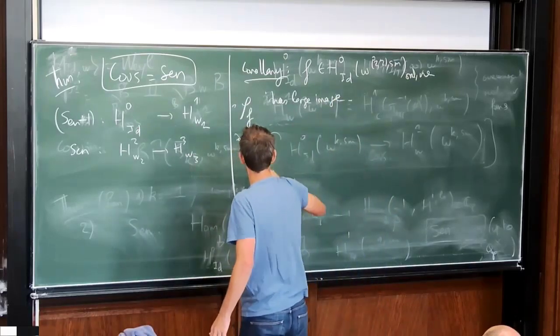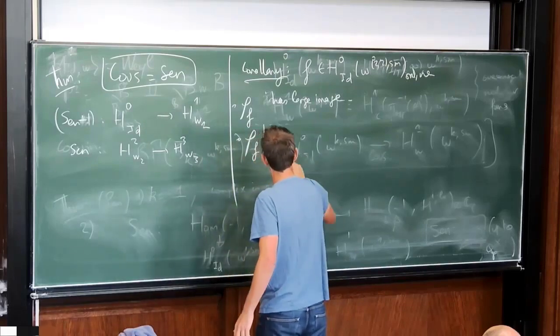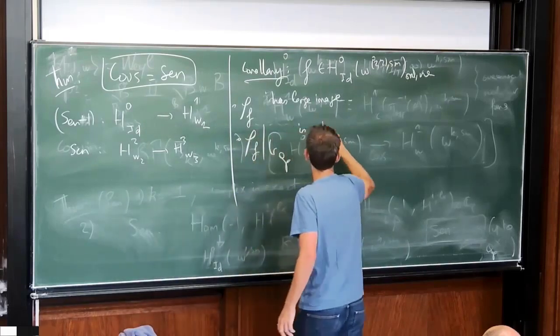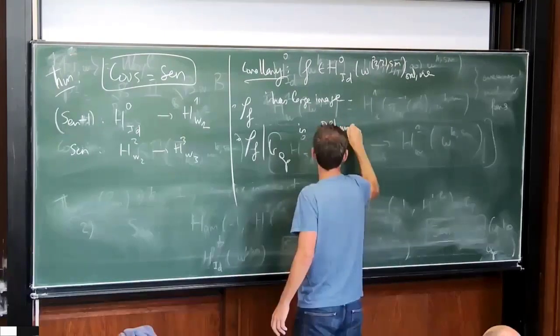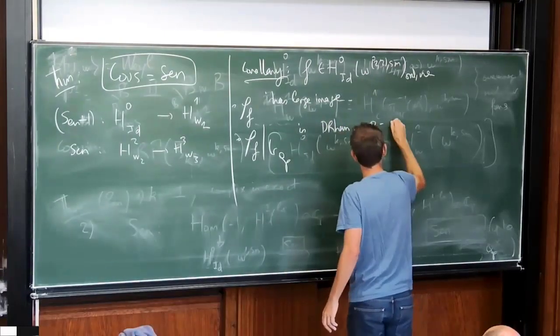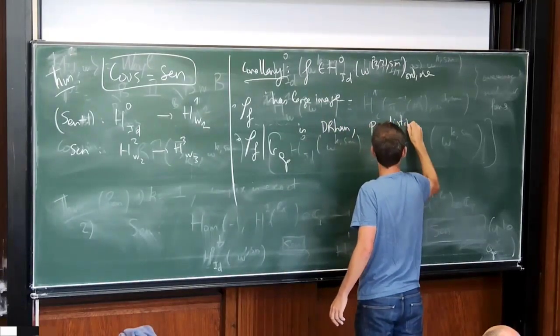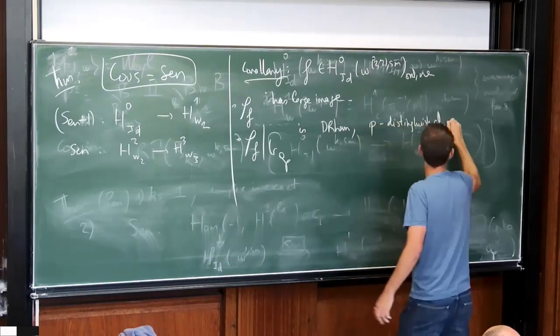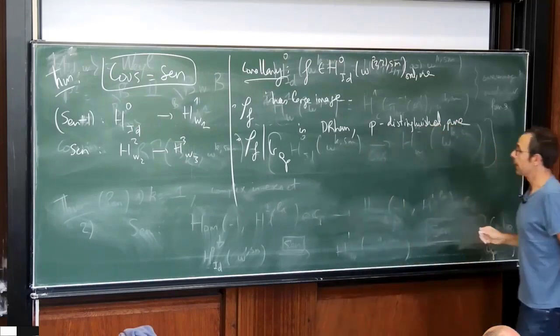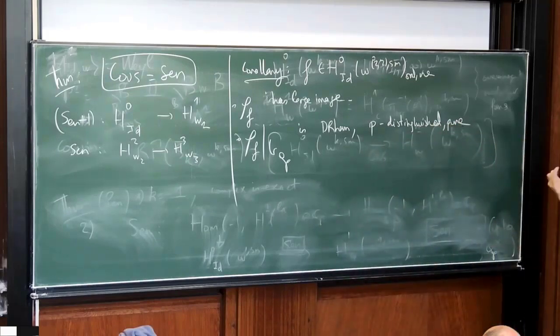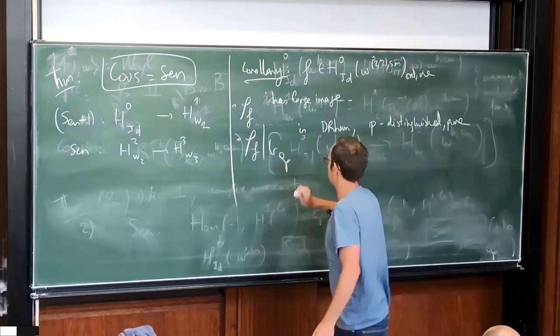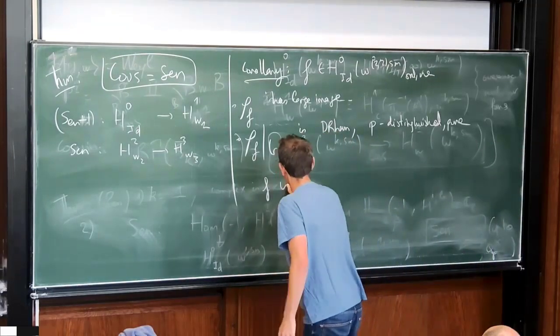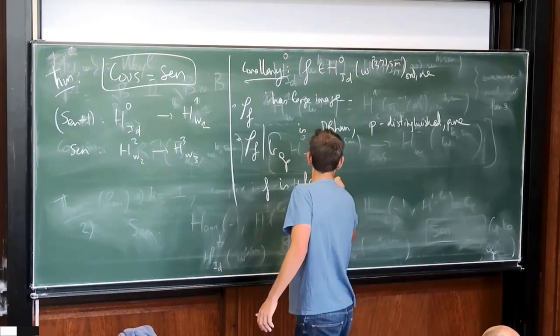The key assumption is that rho F restricted to G_Qp is de Rham and is p-distinguished and it's pure. The de Rham assumption is quite natural. Sorry, let me write the conclusion: F is classical.